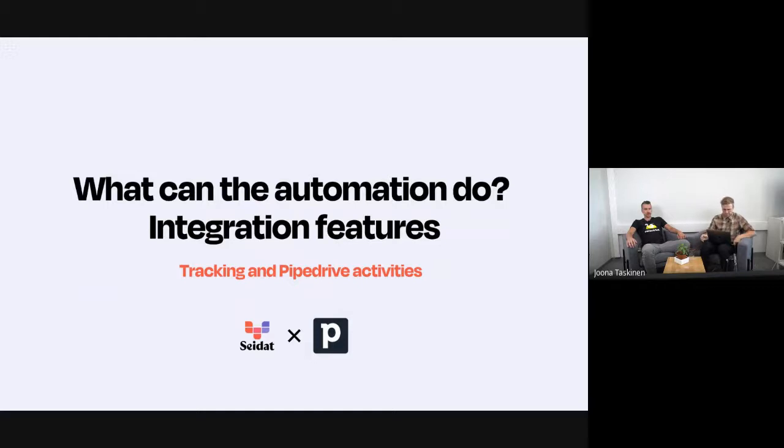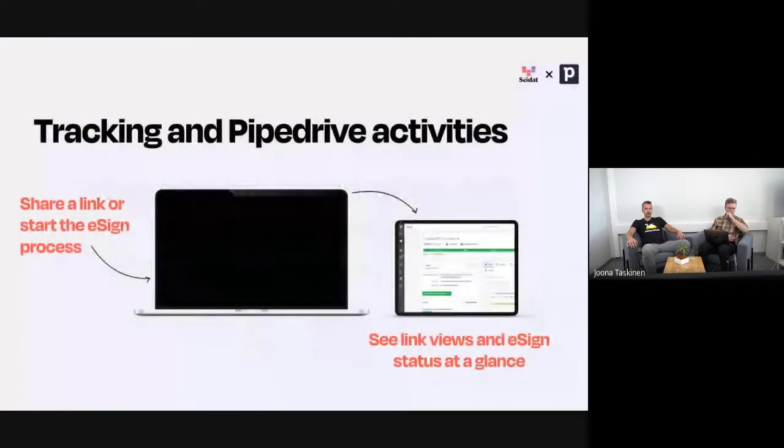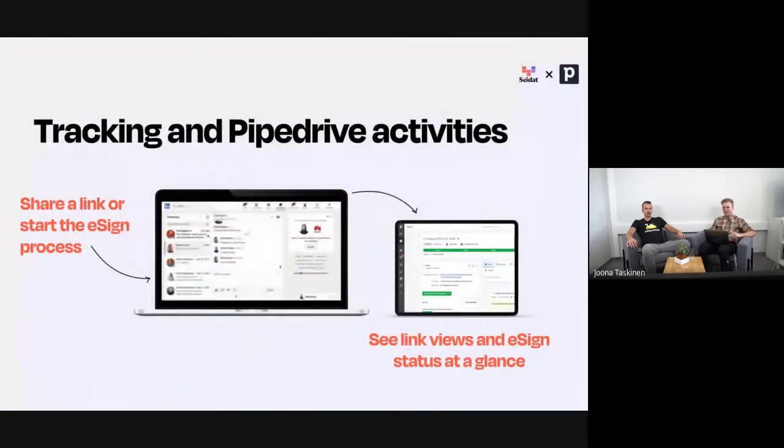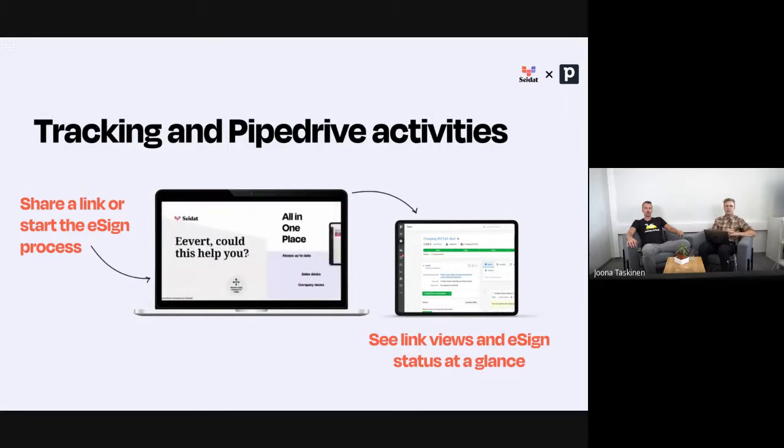And then let's discuss quickly the tracking and activities possibilities that you have. You have a few ways to start to track, or the tracking is on, but to have any data tracked, there are a few options.